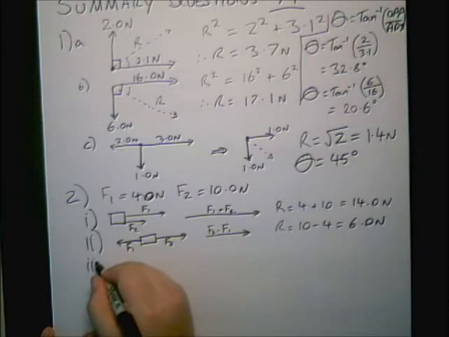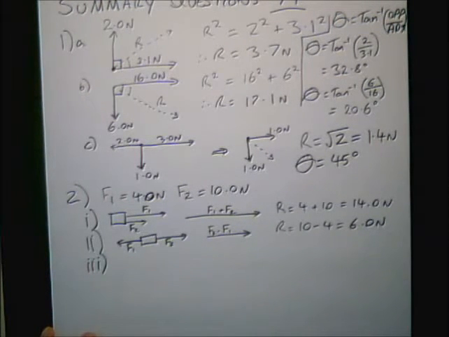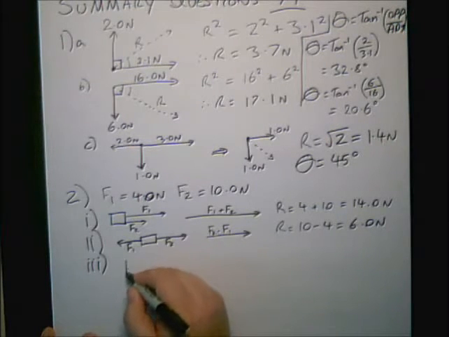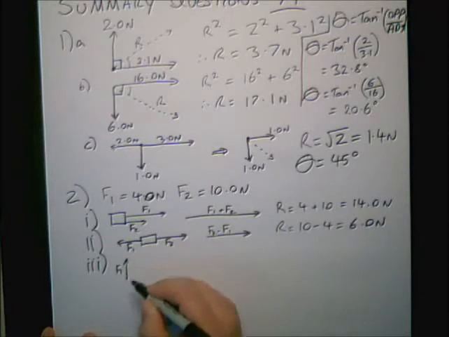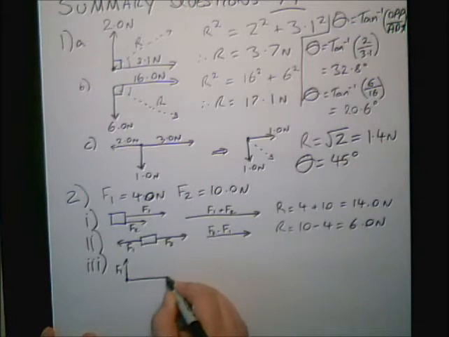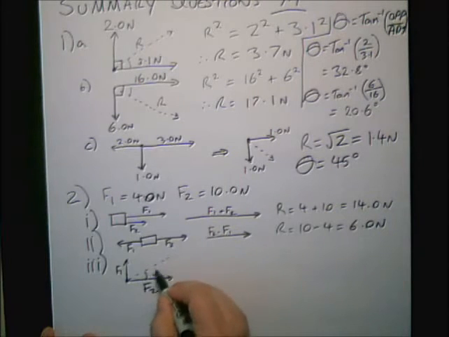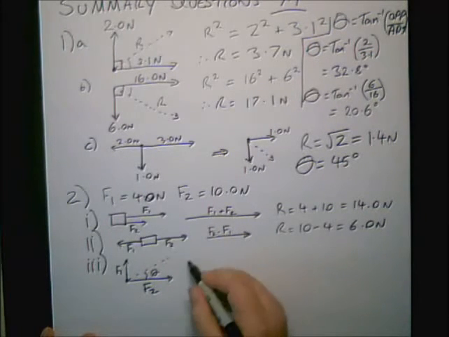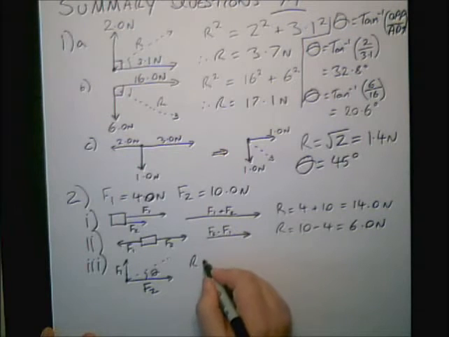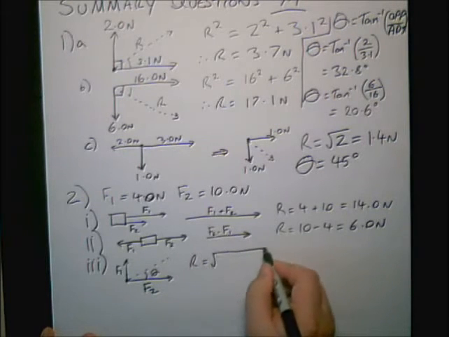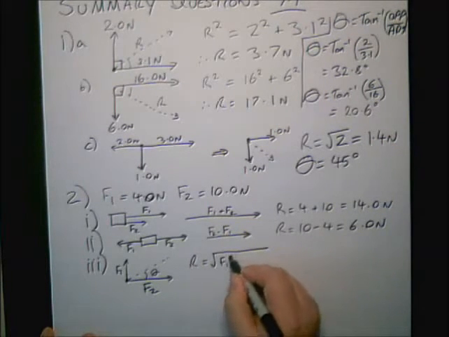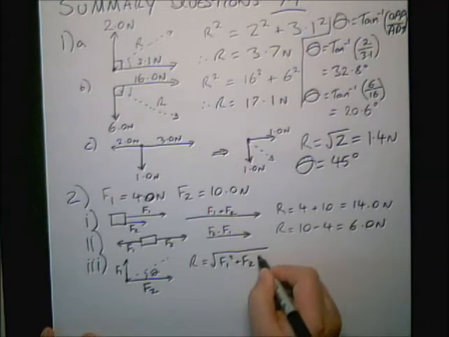Part 3, we've now got our mass being pulled in at right angles. So we've got F1, F2. We're going to get a resultant as we did up here in this direction with an angle theta, and we're going to calculate R as being the square root of F1 squared plus F2 squared.